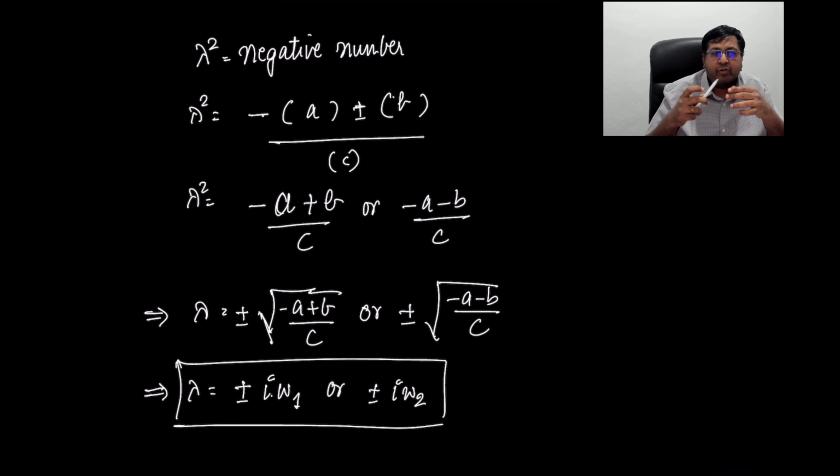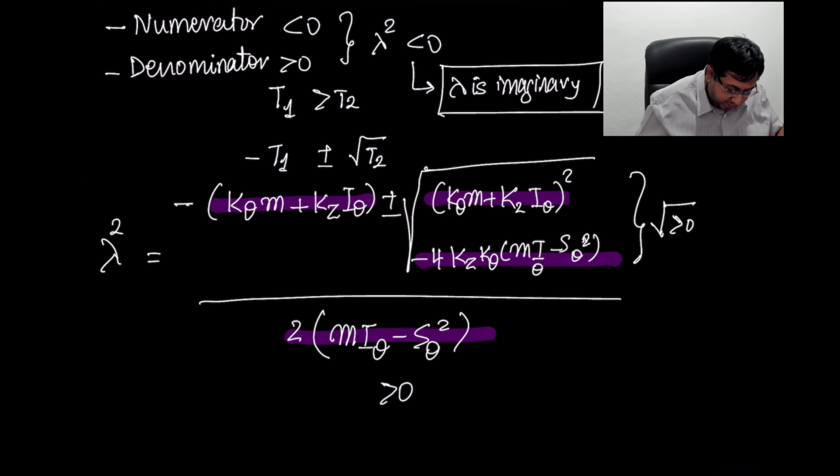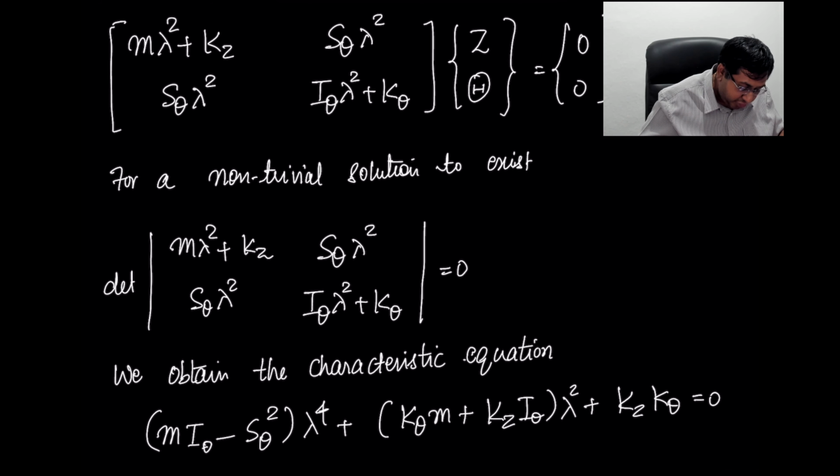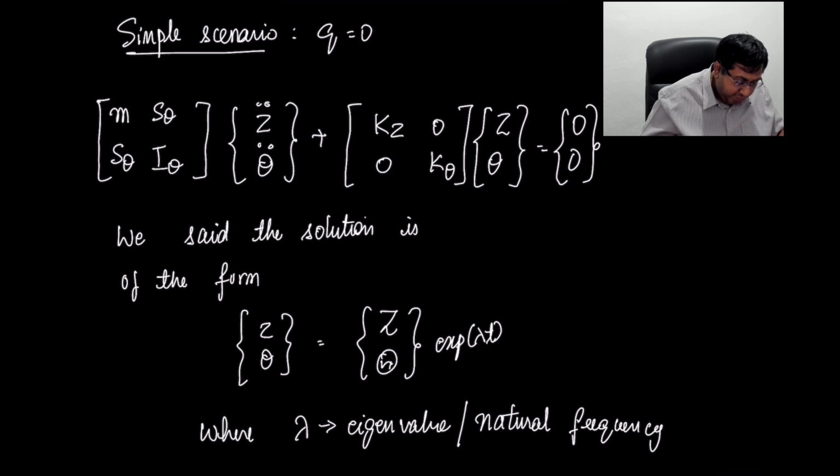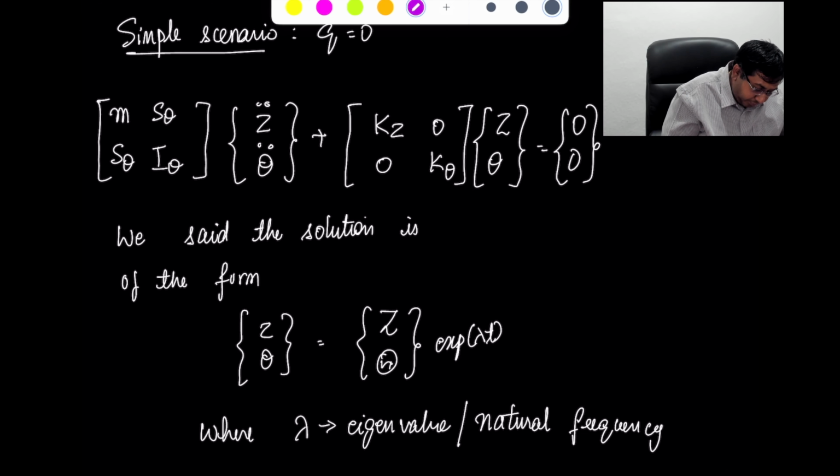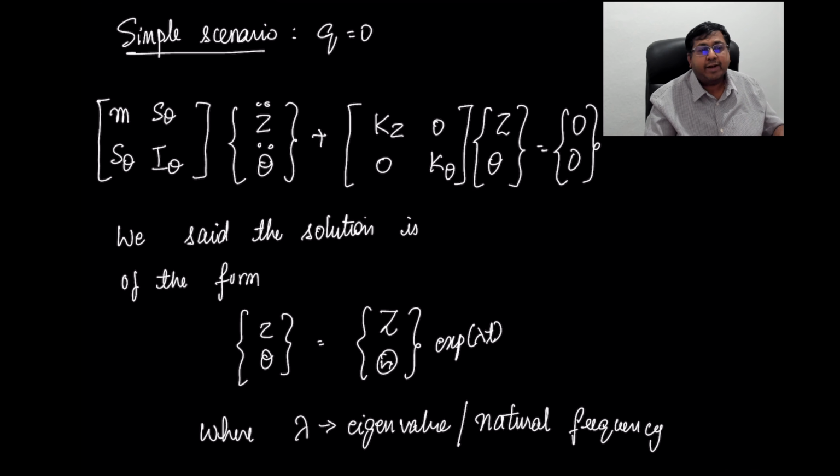Since the coupling is coming from the inertia, it's called inertial coupling from the mass matrix. If you remember our mass matrix, let's go back for a second to look at our equation of motion. There's a coupling here. These terms are coupling.